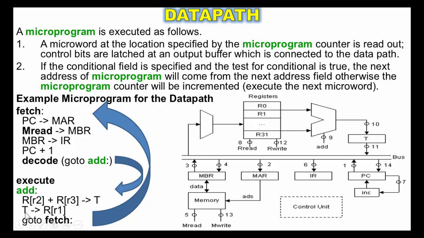The temporary variable t will be stored to another register, R1, and then it will go back to fetch the next instruction located at the current location of the program counter register. This is an example of a microprogram that will perform the data path for the control unit.